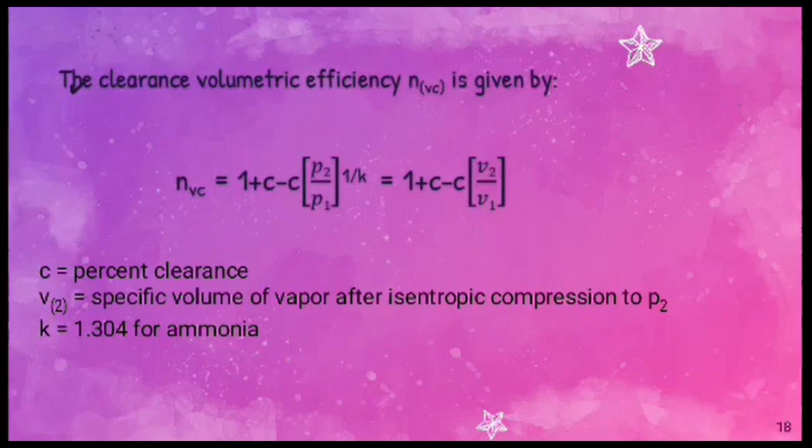V2 is the specific volume of vapor after isentropic compression to pressure P2, same with the specific volume V1 after isentropic compression to P1, and K is equal to 1.304, a constant for ammonia.